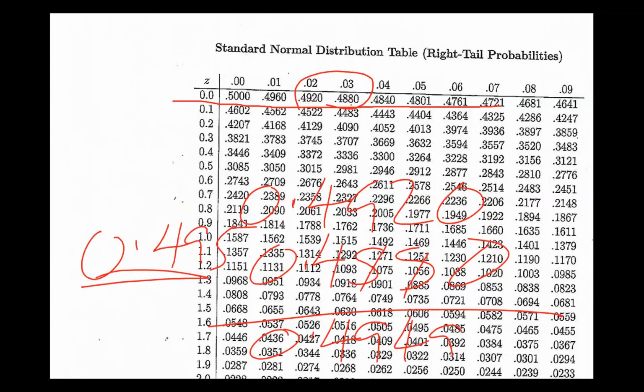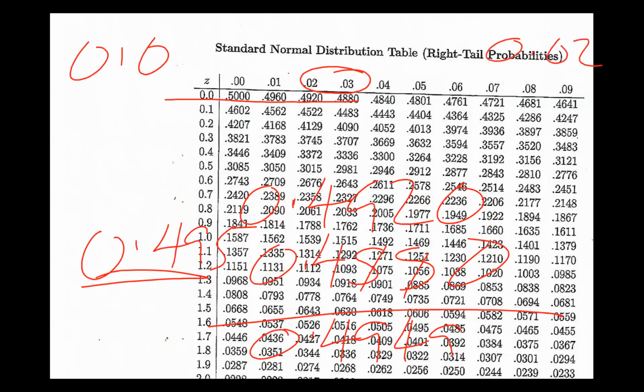Which simply means that the first decimal place of Z will be 0.0. Then for the other 2 decimal places, you take the average of the 2 values. So you do 0.02 plus 0.03. You add them, then divide by 2.